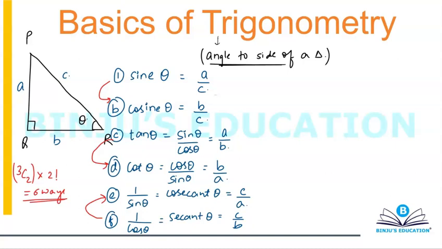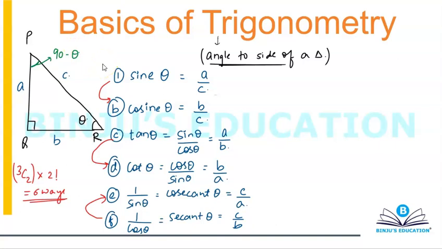Now, if angle R, let me write this R here again. If this angle R is theta, Q being 90, I can very well say that this angle P will be equal to 90 minus theta.